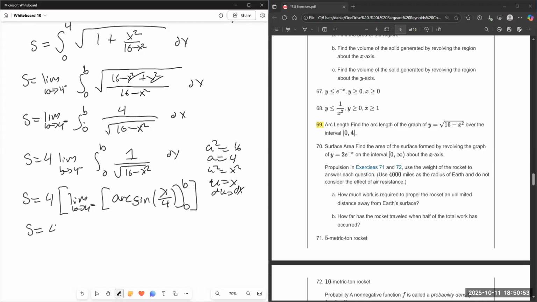S is equal to 4, limit as b goes to 4 from the left, arc sine of b over 4 minus 4 arc sine of 0.